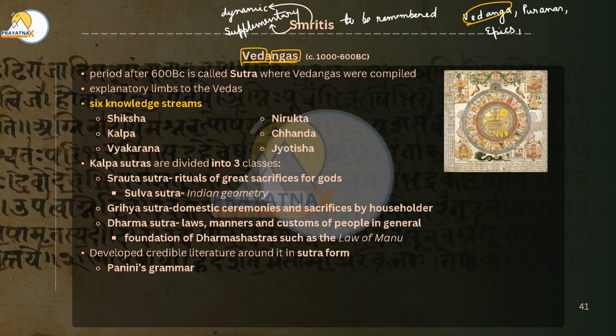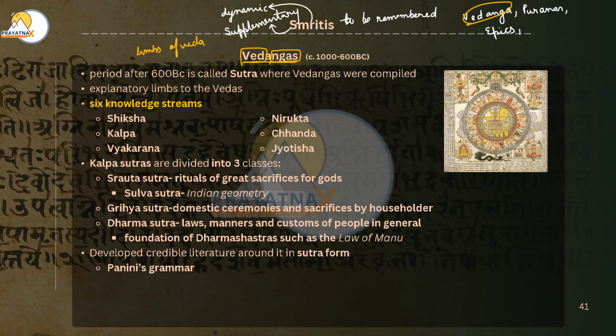So the term as a whole means the limbs of Veda. So they are basically six in number, and just like the limbs of the body, they perform various supportive and augmenting functions in the study and protection of Veda and their traditions.